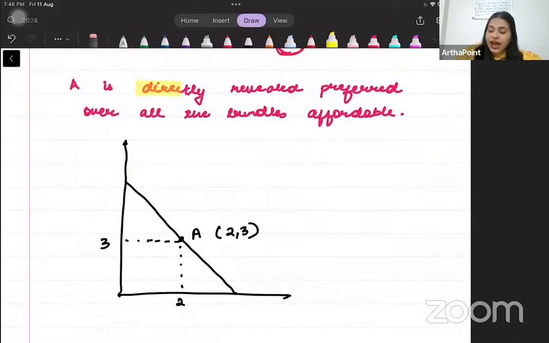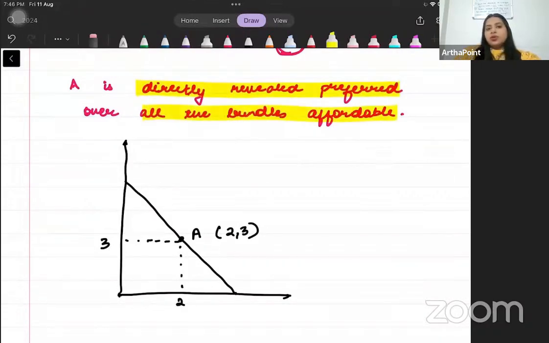A is directly revealed preferred to all bundles affordable. तो बेटा कौन से bundles affordable है? Anything on this budget line or anything below this budget line. मतलब जो भी बंडल्स यहां हैं, any bundle on the budget line and any bundle below this budget line, over all these bundles I am saying A is preferred.